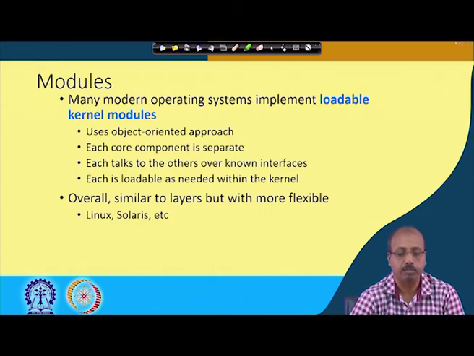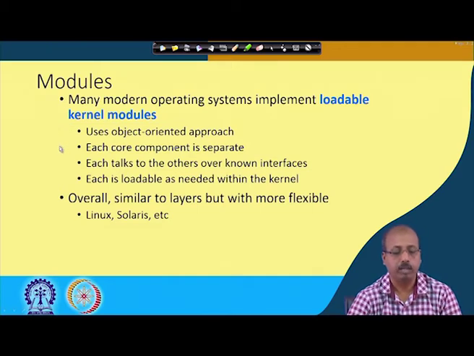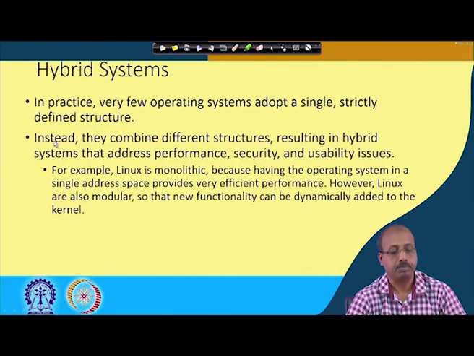Each core component is separate, each talks to the others over known interfaces, and each is loadable as needed within the kernel. It is similar to layers, but with more flexibility. Linux and Solaris are based on this loadable kernel modules policy.